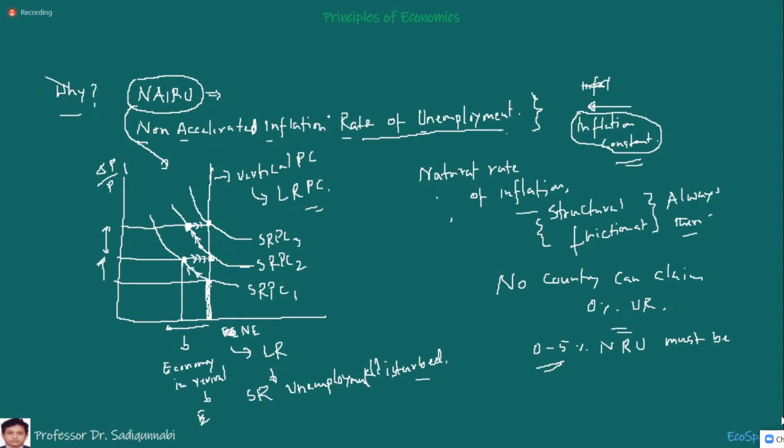Okay, long run Phillips curve. So this is now consistently showing the relationship between unemployment and inflation. So what is the shape of the long run Phillips curve?